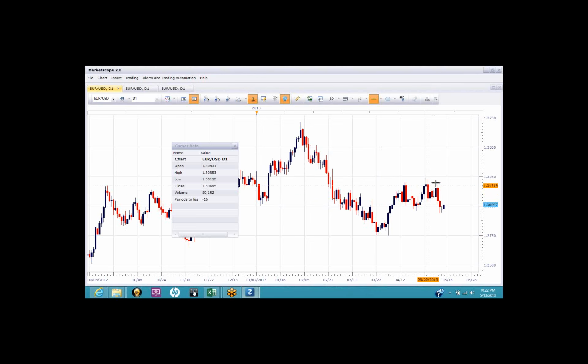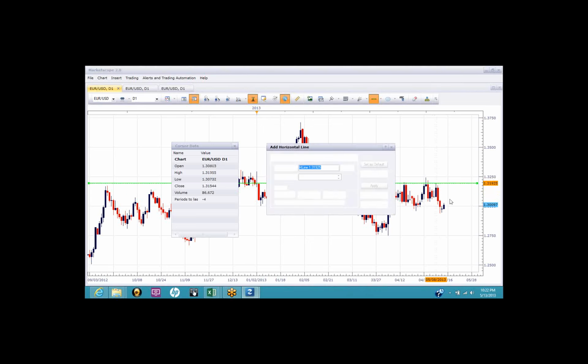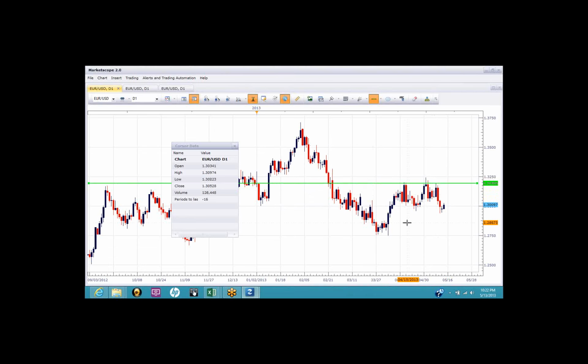Got it. So is that price valid enough as a supply level? Yes, because it touched more than three times in the past. Awesome. Okay, now you have to keep on going.